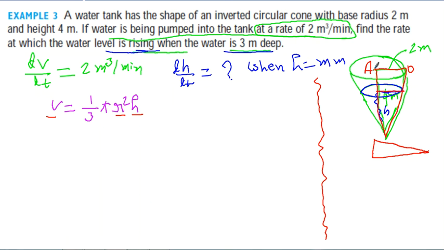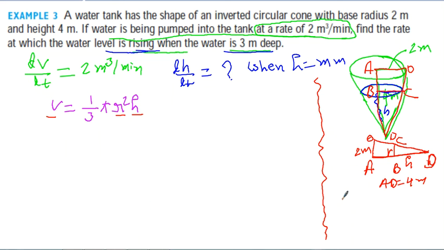So I am going to give the names A, O, D and this is B and C. So I know triangle AOD is similar to triangle BCD, and from here, suppose this is small r, and this is H. I know AD is equal to 4 meter, and AO is 2 meter.